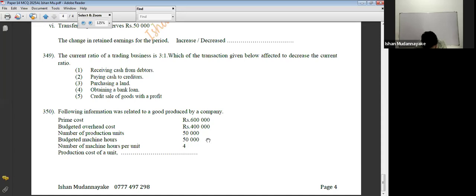Overhead cost absorbed based on machine hours. Okay?